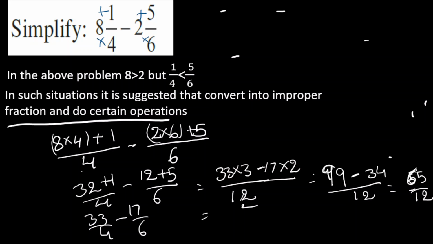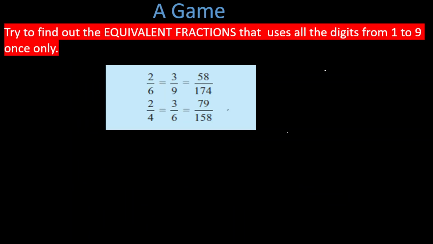Here we can perform the subtraction operation by following the second method. And this is the way how to add and subtract the fractions. And here is the answer for your game which was asked in the previous video.